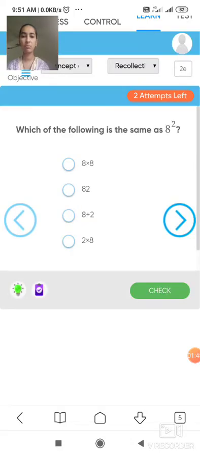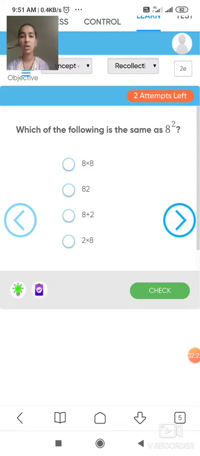Let's take another example. Which of the following is the same as 8 square? 8 square is written in which form? In the first form 8 multiplied by 8, or in the second form 8 2, or 8 plus 2, or 2 multiplied by 8. Which option is the correct one? 8 square means the number 8 is multiplied by 8 how many times? 2 times.